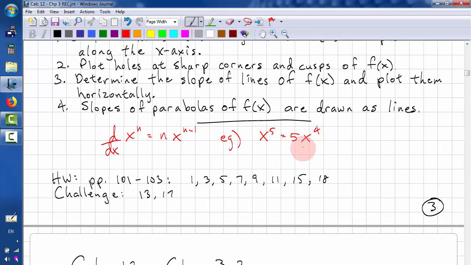So this is the derivative, d dx, derivative of x to the power of 5. And you might want to note that this is Leibniz notation. And that completes this lesson.